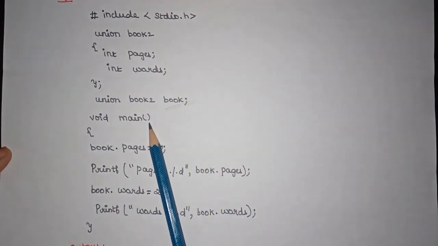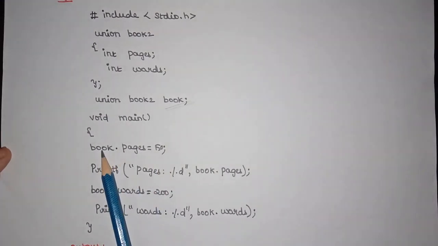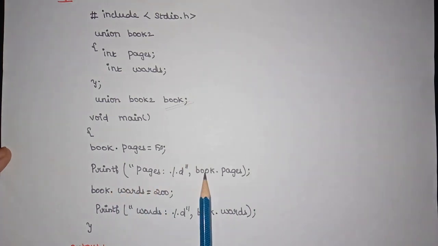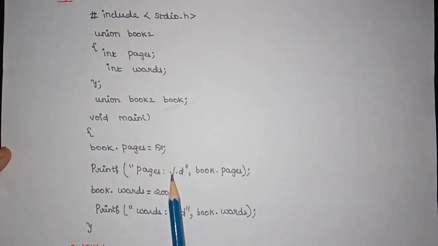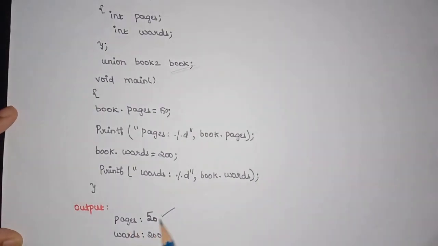Inside the main function we initialize pages with 50, so book.pages is equal to 50. Then after initializing it, I print the value of pages. After this statement, the output will be pages 50.